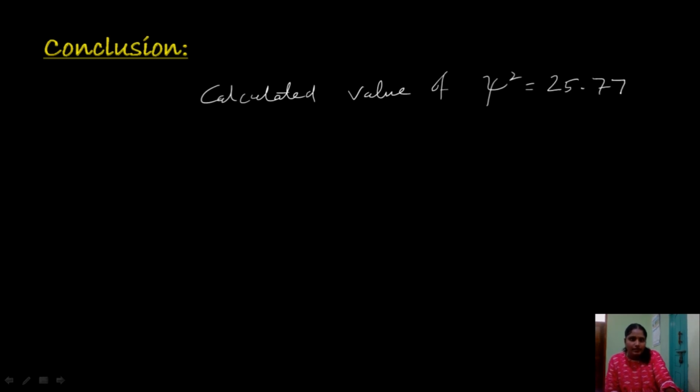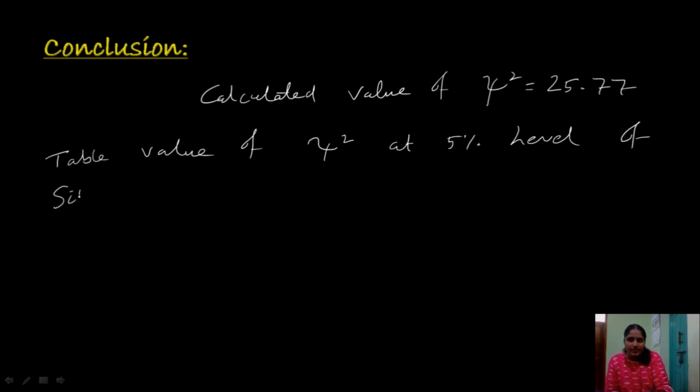So our calculated value of chi square is equal to 25.77. Now we have to compare this value with the table value. So for that, let me find the table value of chi square at 5% level of significance.